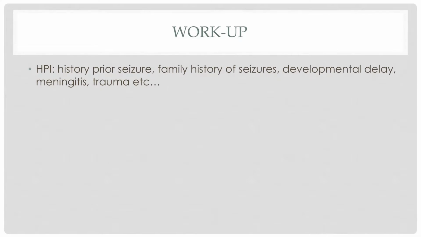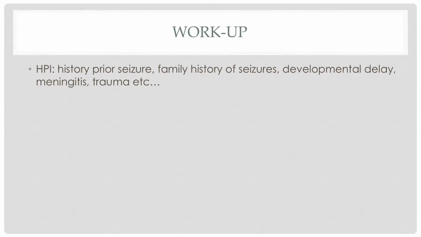So to help with the risk assessment, we need to gather good information and do all the workup to assess a patient's risk. We need to know if they have a history of prior seizure, any family history of seizure, any developmental delay, meningitis, or trauma.